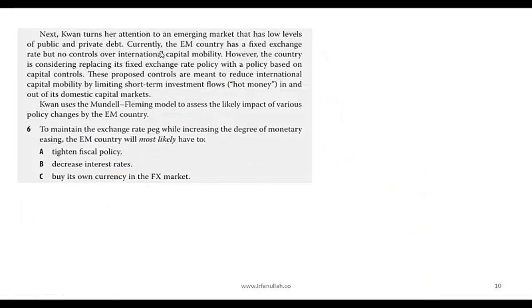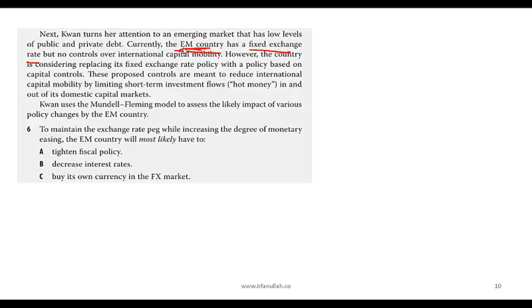Moving on, now Monique Kwan is focused on an emerging market country. So far the case study dealt with a developed market country, so now the context has changed. It is more common to find either fixed exchange rates or controls on capital flows in emerging market countries.